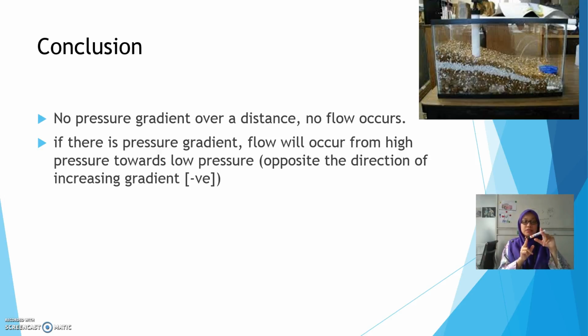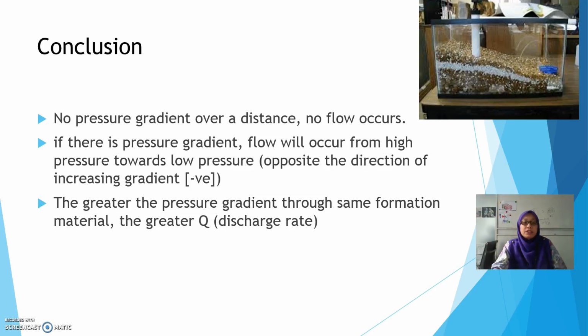This shows the opposite direction of increasing gradient. We are flowing from highest to lowest, so we would supposedly increase our gradient, but because of this, we have to put the negative value in our Darcy's equation.